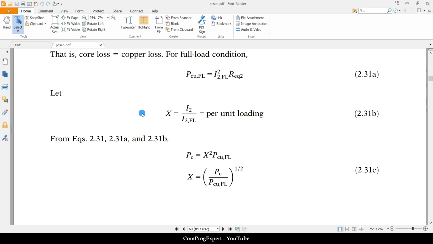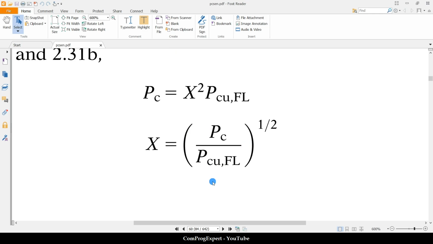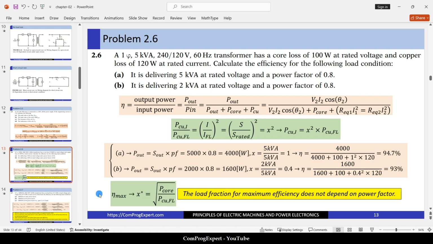We also had one important equation here, the fraction at which we get the maximum efficiency. That is equal to the square root of core loss divided by the copper loss for the full load current. So we get the maximum efficiency for the transformer when the load fraction is equal to this one.